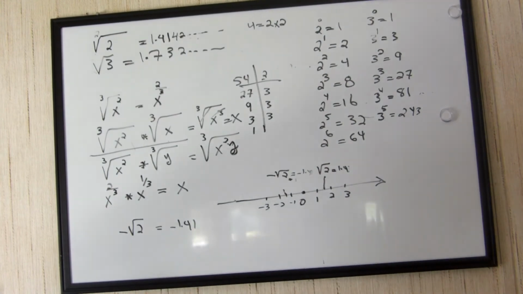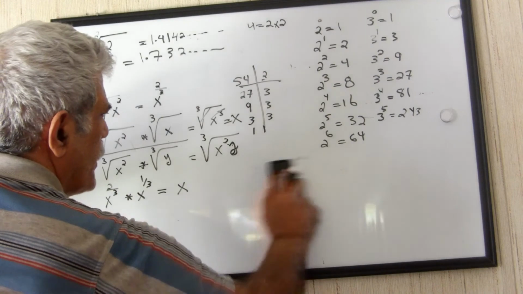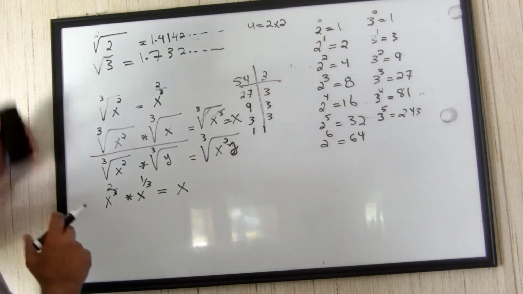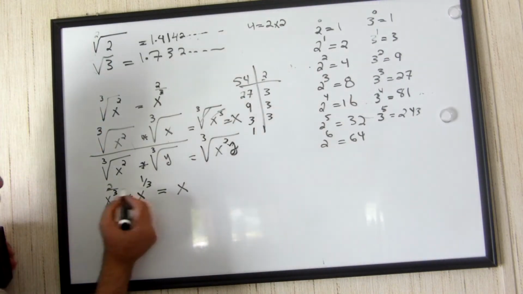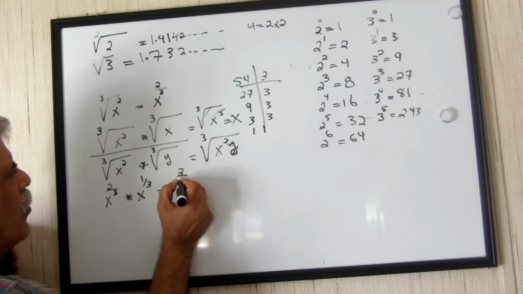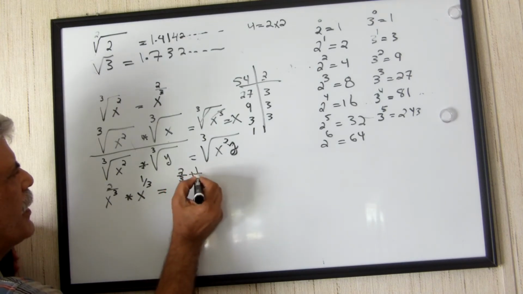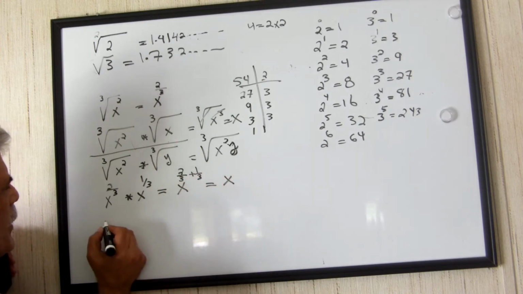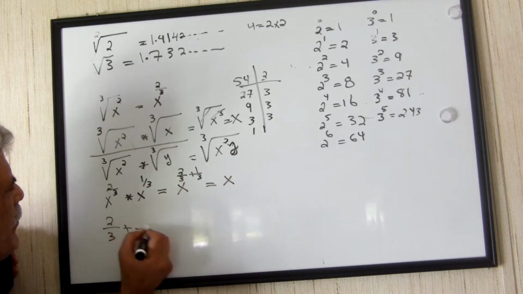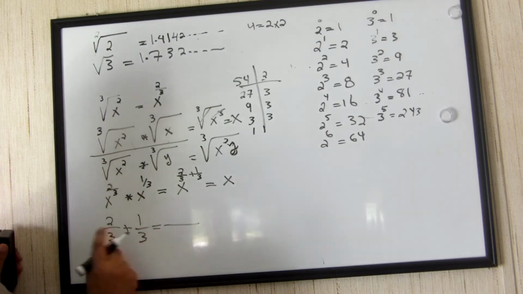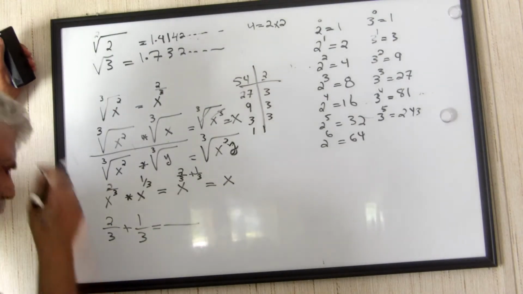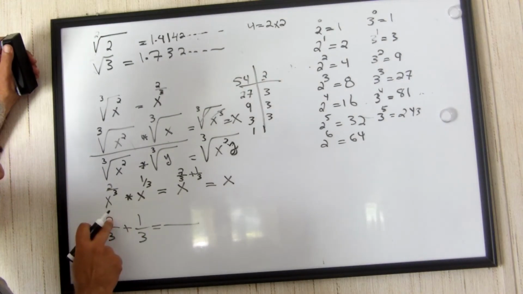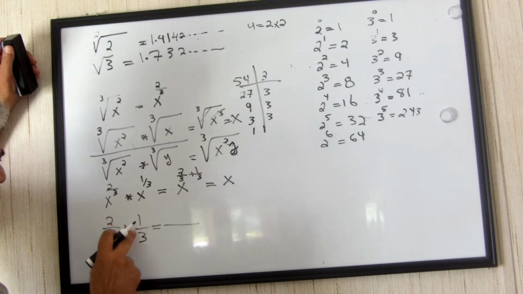Okay, let's come back to this. We said that if the bases are the same, we can add these together. 2/3 plus 1/3 is x to the power of 2/3 plus 1/3. The bases are the same, the denominator is the same, so we add the numerators together.